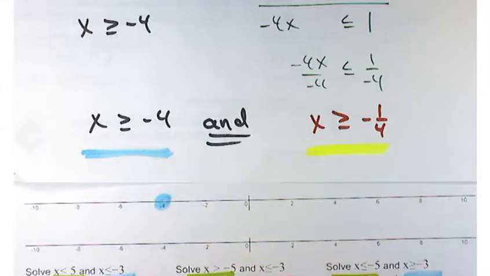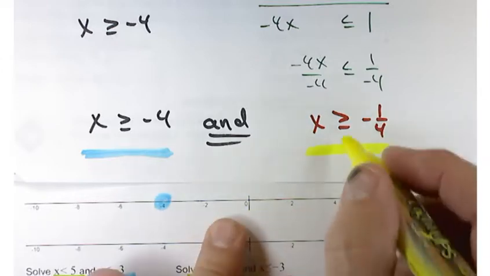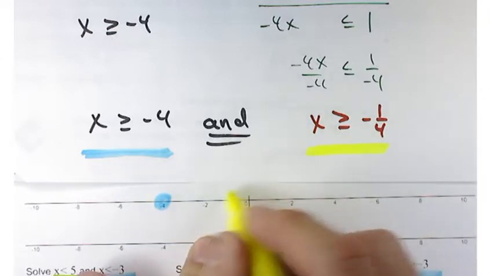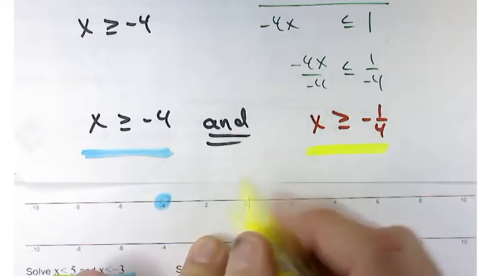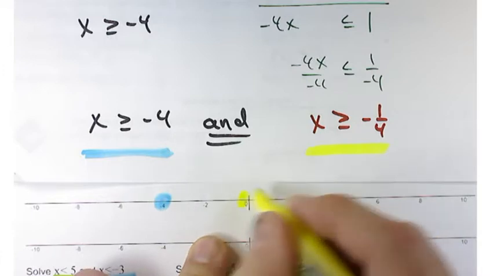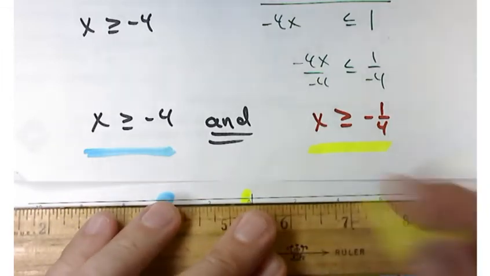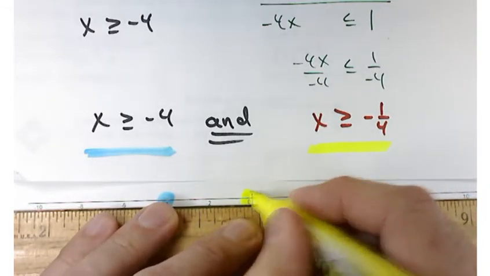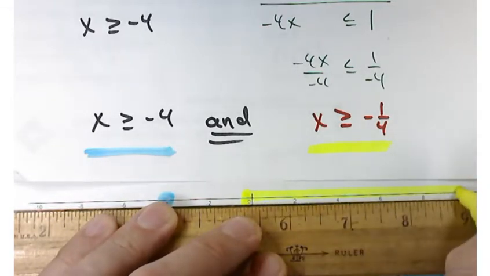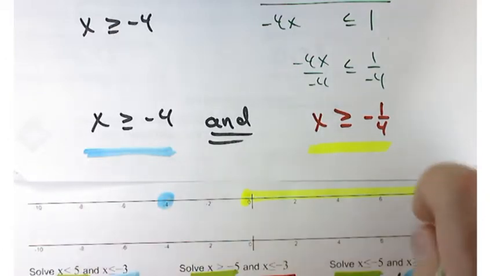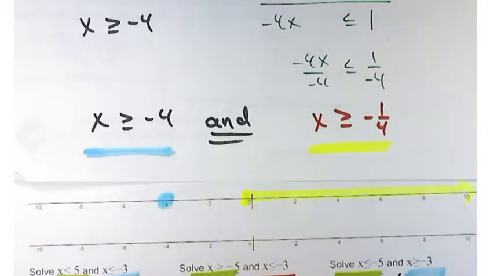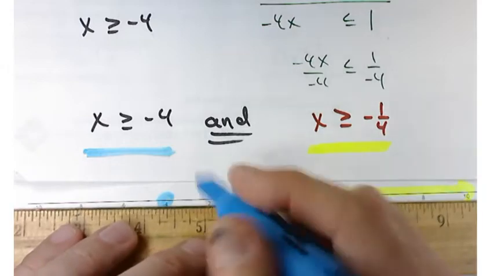I want to draw the other one. x is greater than or equal to negative 1/4. So 1/2, yeah, somewhere about here. Arrow is going to go to the right here as well.